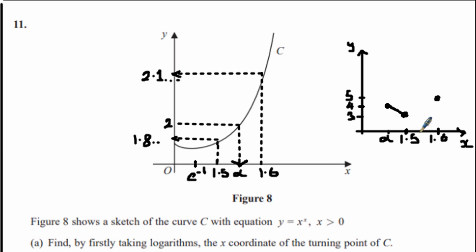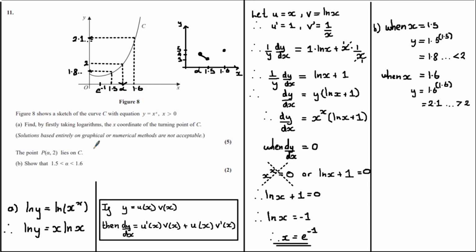And the domain of this function would exclude values of alpha within this region between 1.5 and 1.6. Because look, any value here can't be mapped to any y value. So a key point of this conclusion of alpha being between 1.5 and 1.6 is that the curve C is continuous. And therefore, we can say that alpha is greater than 1.5 but less than 1.6.